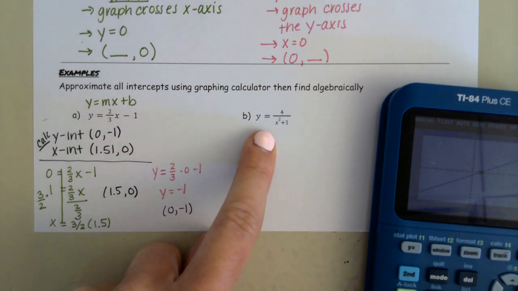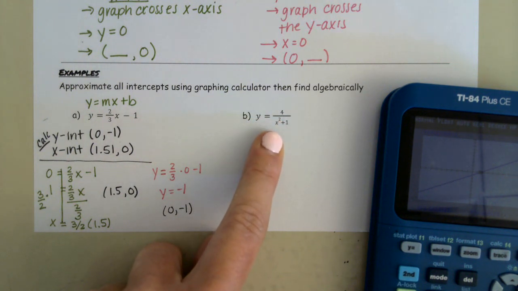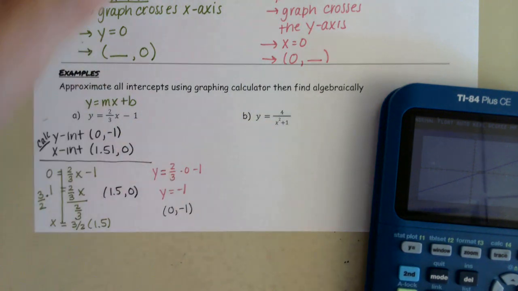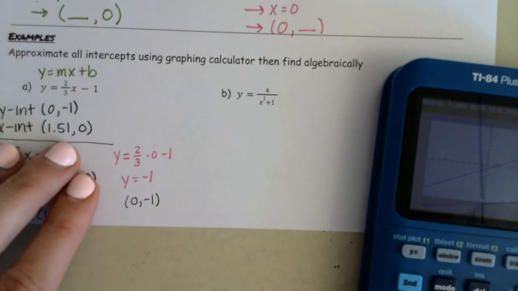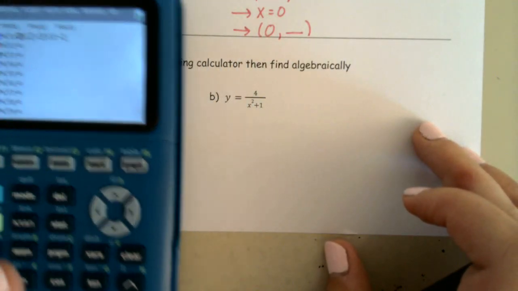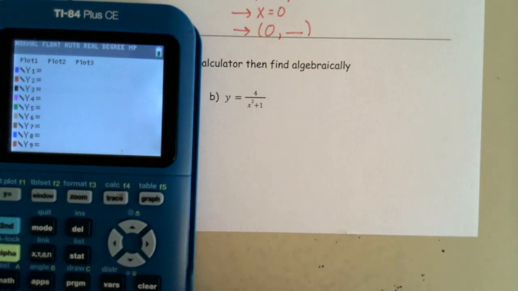We're doing the same thing to this guy. We don't know the shape of this graph. We're going to say that it could look like a parabola. That's probably a good guess because it has squared in it. But we don't know for sure. So 4 over x squared plus 1. So I go to my y equals, clear out what I need, hit clear.